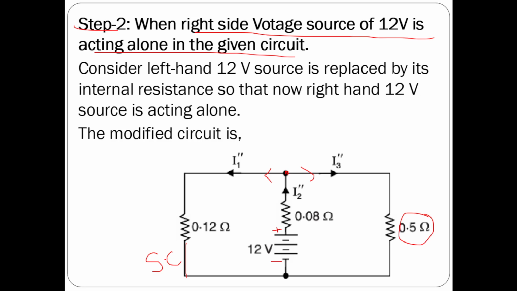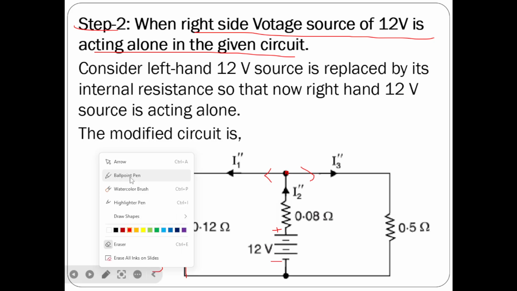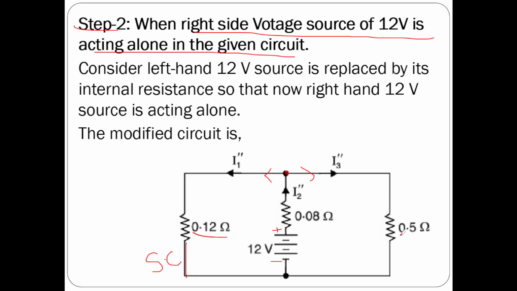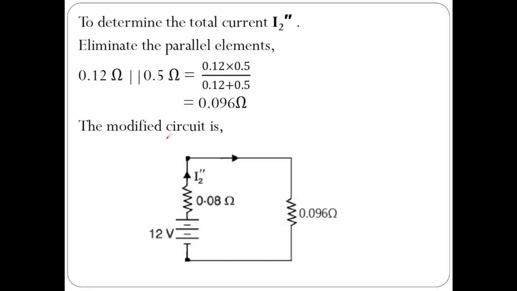Since this 0.12 and 0.5 are connected in parallel, let us simplify it and determine the value. So 0.12 into 0.5 divided by 0.12 plus 0.5. You just solve it, you will get 0.096.